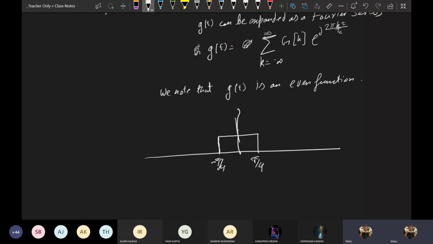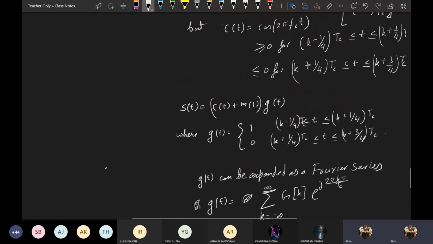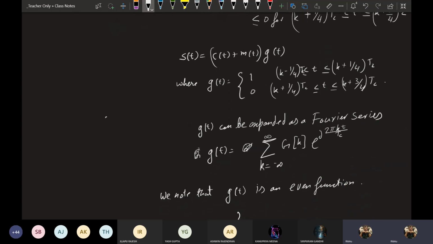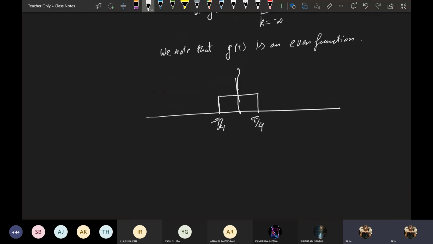Yes, sir. g(t) is essentially a gate pulse controlled by cos 2π fc t. Cos 2π fc t, is it an even function? Yes, sir. Yeah, so g(t) is even. So I'll draw it, since I'm up already. I don't know why this thing behaves like this sometimes.